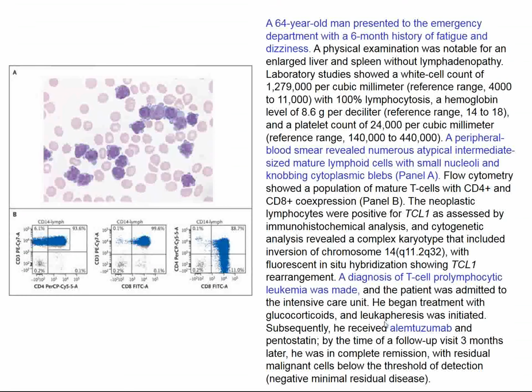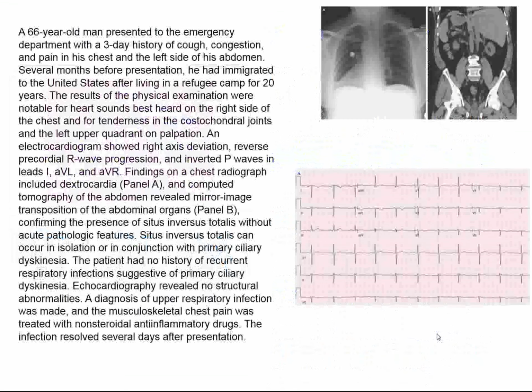And we've learned in previous studies that there's now an antibody called alemtuzumab, which recognizes a marker that's present on T cells. And so the patient was given this wonder drug and he enjoyed a complete remission. Remember alemtuzumab because we're going to see it again later in the presentation.